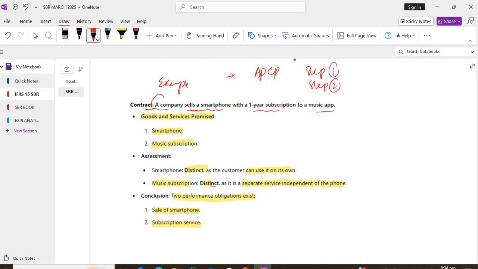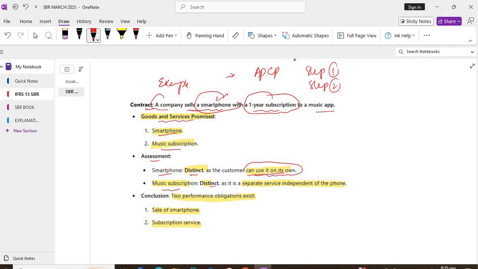Now in this contract there are two separate performance obligations which meet the distinct good or service criteria. The smartphone is one obligation, PO, and the 1 year subscription is another PO, for performance obligation. So the promised goods or services are the smartphone and the music subscription. Now the assessment: is the smartphone distinct? Yes, this is a distinct good because the customer can use it on its own and will get benefit from it.